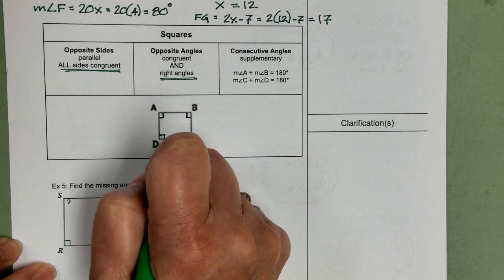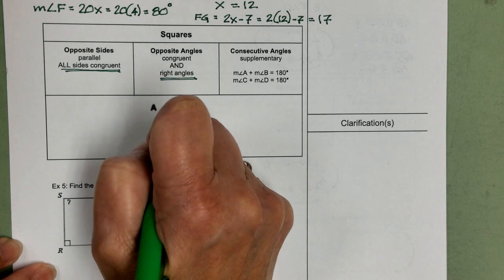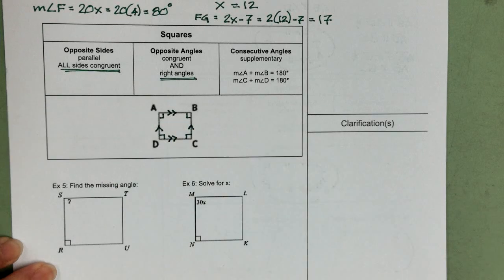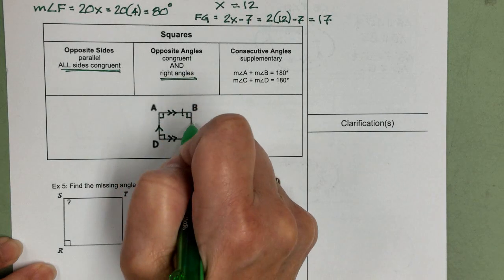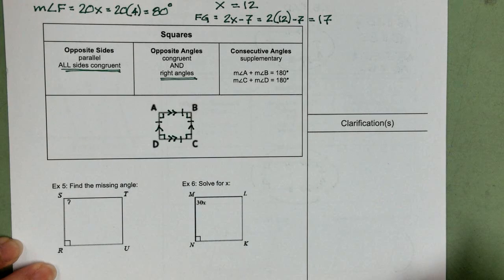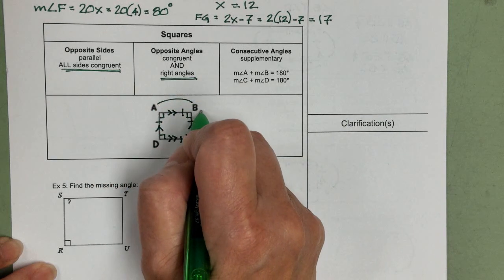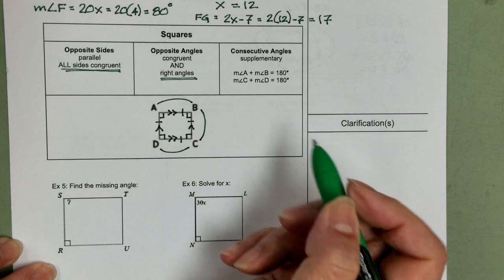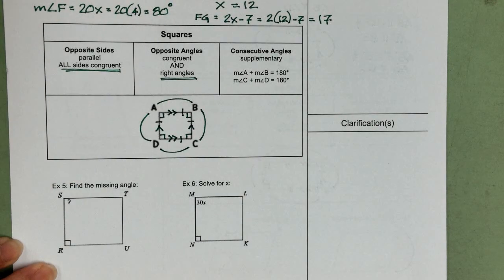My opposite sides are parallel. Notice I'm going to use two different numbers of arrows, but because all my sides are congruent, I have a single tick mark on all 4 sides. Again, A plus B is 180, angle B plus angle C is 180, angle C plus angle D is 180, and angle D plus angle A is 180. Okay?